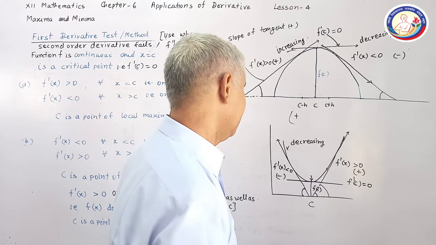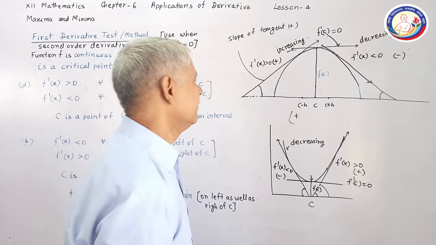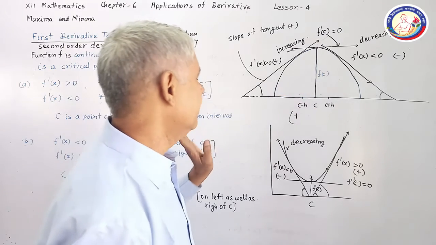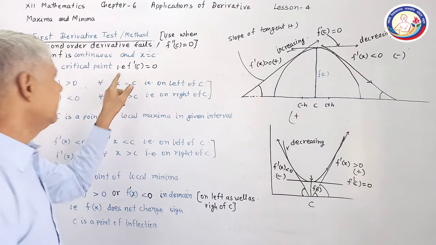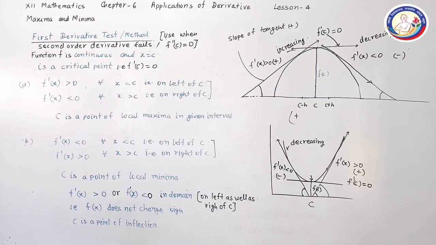So as a result, what will we do? First of all, if we use the first derivative test, we will find the first derivative and put it equal to 0 and find the critical point. The function must be continuous at this point c.